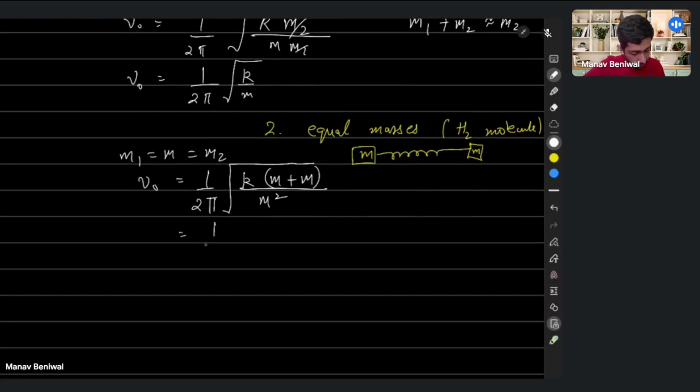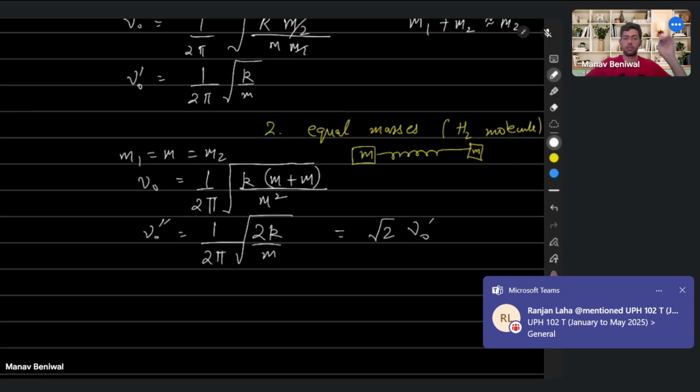So this will become 1 over 2 pi under root 2k over m. Okay, so the frequency has become, let me write this as mu naught double prime, root 2 times mu naught prime.